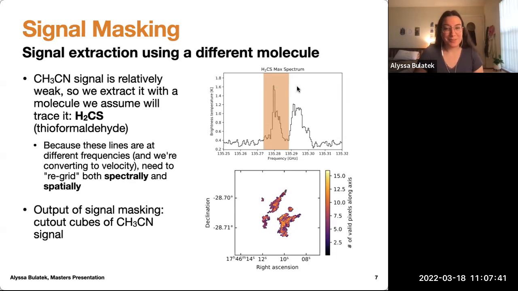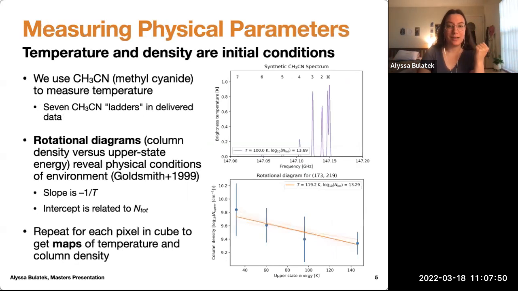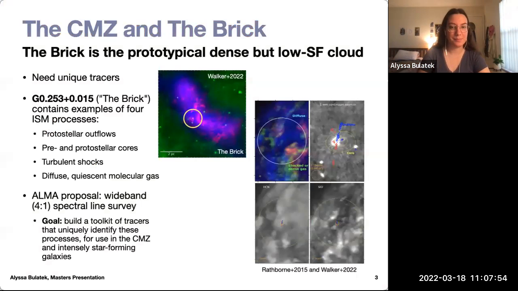This line has a signal to noise ratio of 6 if I'm doing math right. So I didn't find the best, most representative thioformaldehyde line, or for methylcyanide as well. That's even lower signal to noise. Well, this is perfect because it's a synthetic spectrum, so I don't actually have a great answer for you.